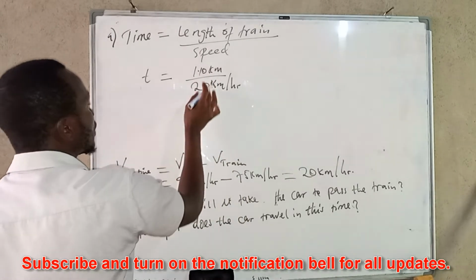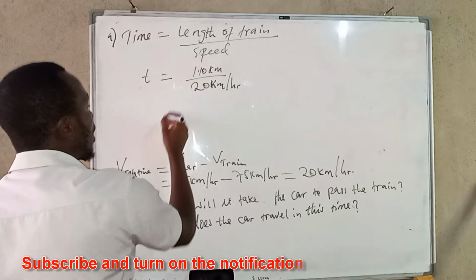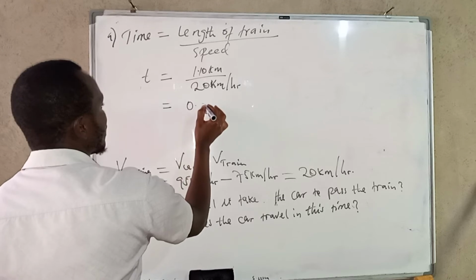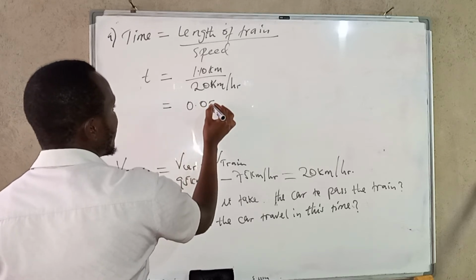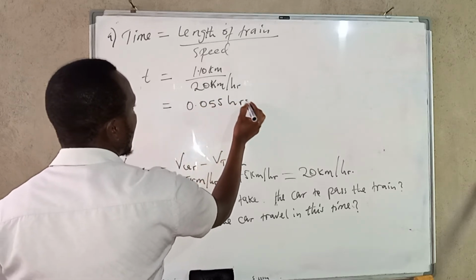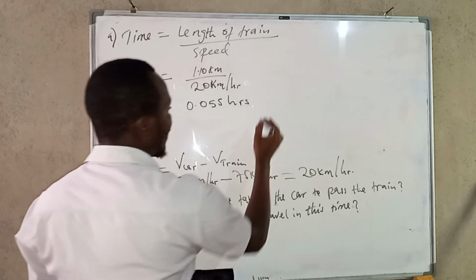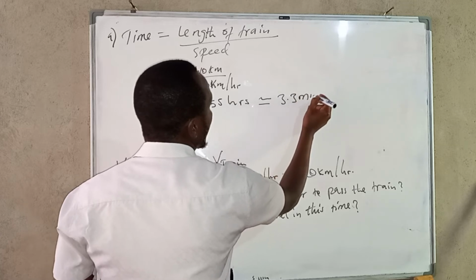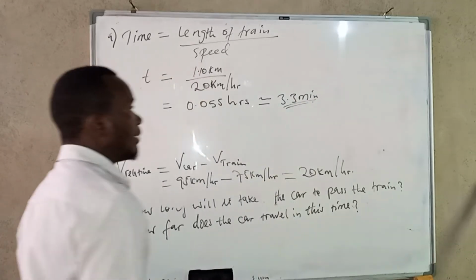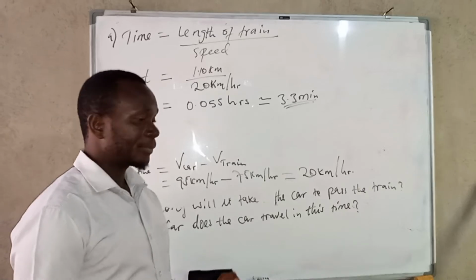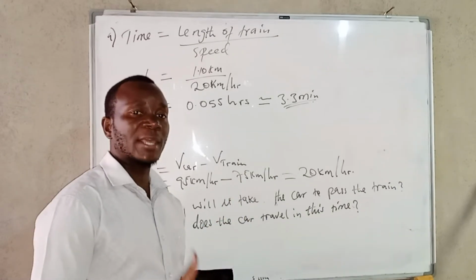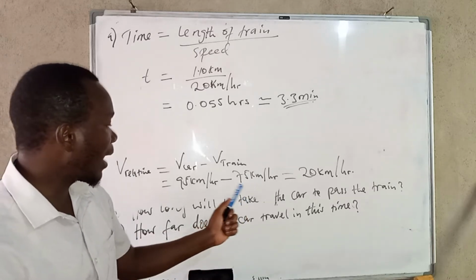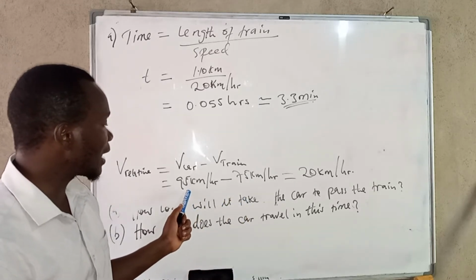So 1.1 divided by 20, we're going to get 0.055 hours. And this is equivalent to 3.3 minutes. So it takes about 3.3 minutes for the car to overtake the train when the train is traveling at 75 kilometers per hour and the vehicle is moving at 95 kilometers per hour.